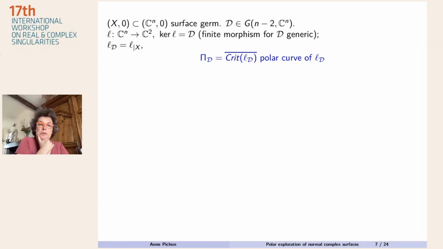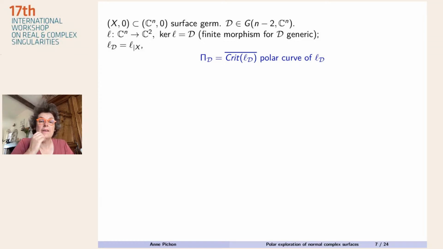And I consider the generic linear projection L from Cn to C2, whose kernel is D. And so if you take D generic, and you restrict L to X, you obtain a finite morphism. The restriction of L to X, which I call LD, is a finite morphism for D generic.